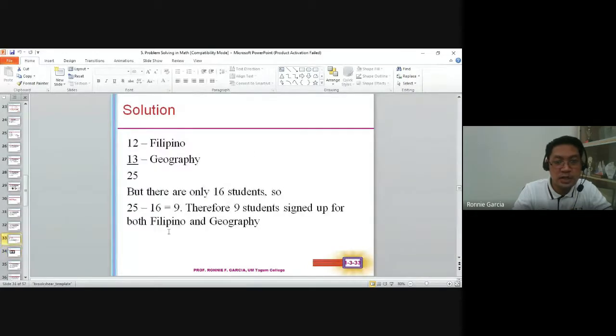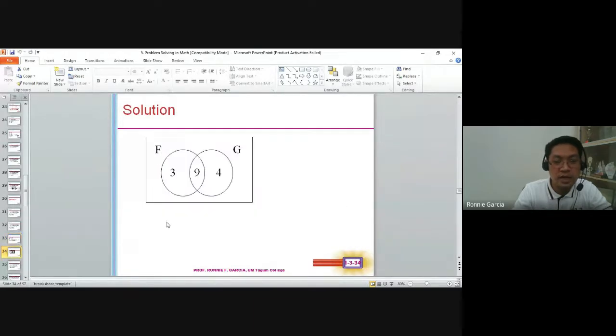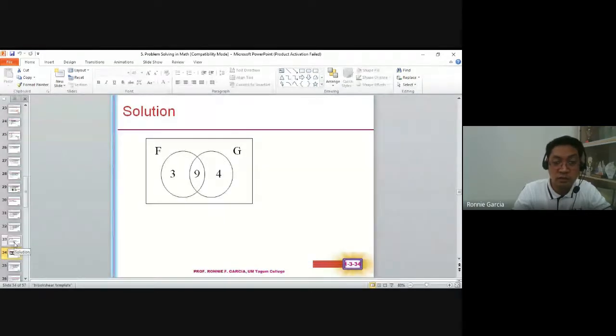Naa tay 9 ka estudyante nga duha ilang giapilan. This circle represents the number of students who joined Filipino orientation, and this circle of G represents the number of students who joined the geography orientation. Kaning naa sa tunga, kaning 9, mao ang estudyante nga duha jud ilang giapilan. So 9 sila kabuok. That is the answer for letter A.